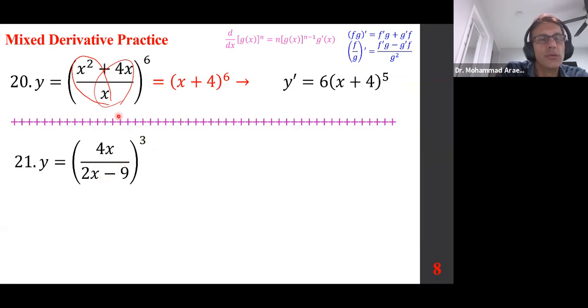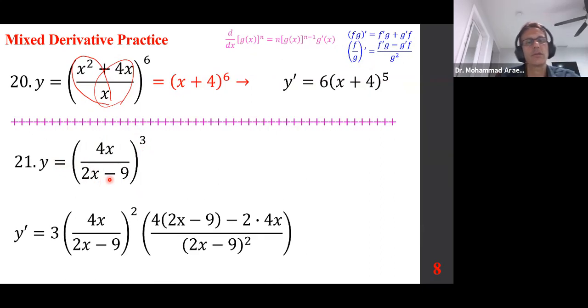So one more time, 3 sits in front, the same thing to the power of 2. Let's differentiate this. This becomes 4 times 2x minus 9, f prime g, minus g prime. The derivative of the bottom is 2 times 4x over 2x minus 9 squared. So this is your first and only calculus step. The rest is simplification that we are going to do in a moment.